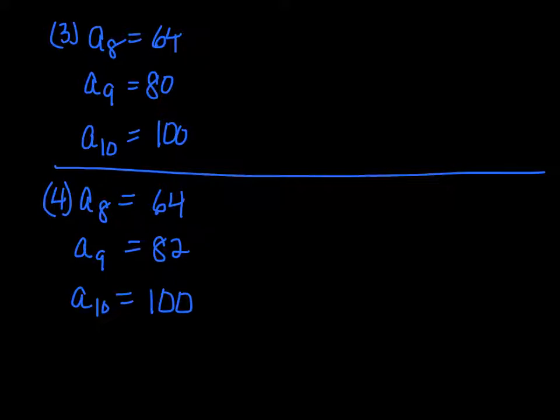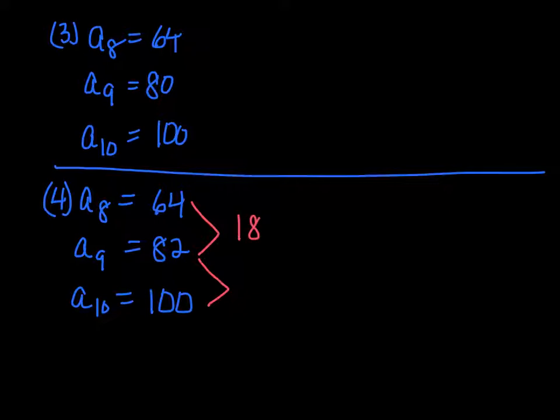I think choice 4 is just the easiest to start with to understand this kind of question. So I'm going to see if I'm adding the same number each time, because if I am, then I know it's arithmetic. If I look at choice 4 here, I can see that I actually am. If I do 82 minus 64, I get 18.